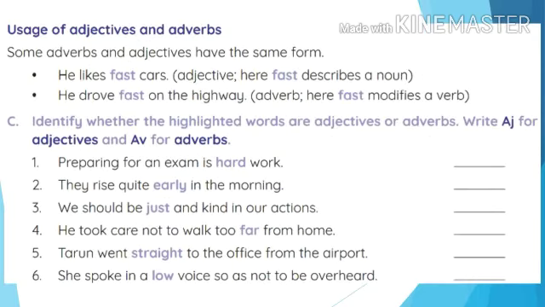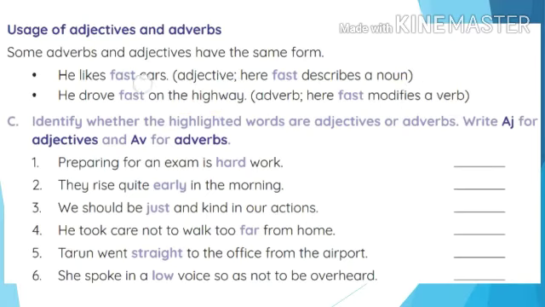Here we have both adjectives and adverbs. Some adverbs and adjectives have the same form. He likes fast cars. Here fast is used as an adjective, so it describes a noun. Then, he drove fast on the highway.